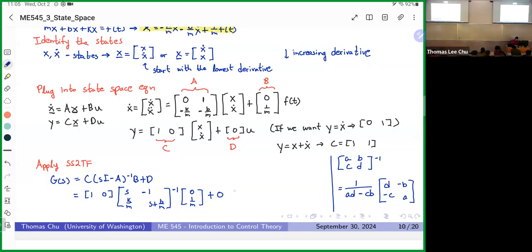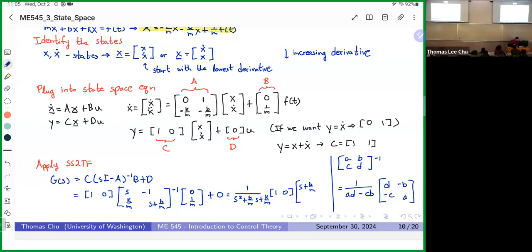It's going to be equal to 1, 0 multiplied by, I'm going to pull the determinant out. The determinant of this is s squared plus b over m s plus k over m, multiplied by 1, 0 multiplied by, oh my God, I'm running out of space. S plus b over m. Oh, I hate that.